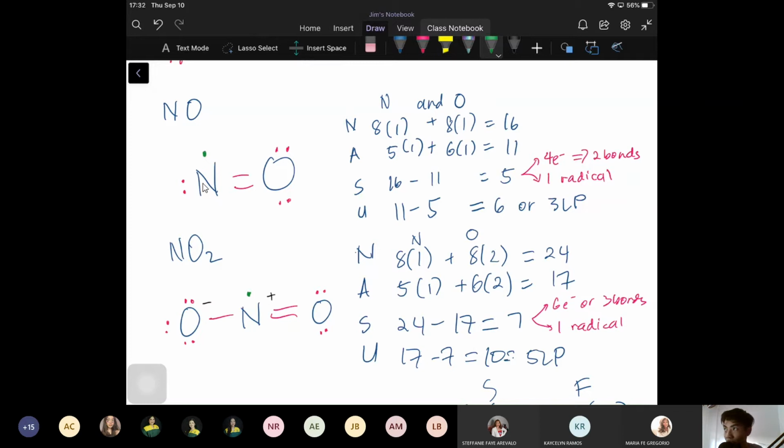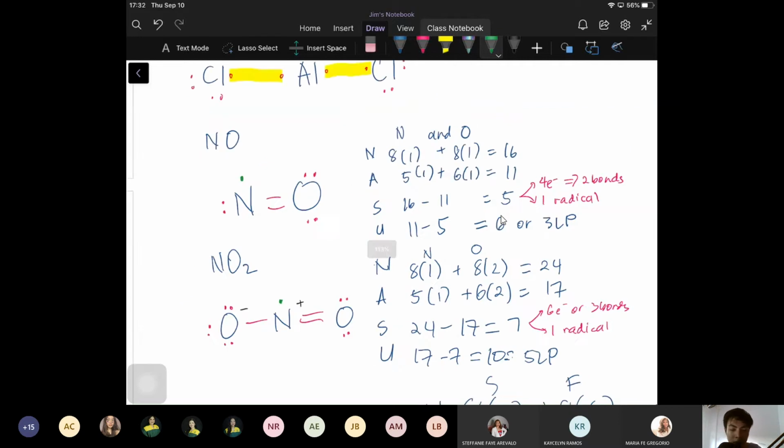Lagay mo muna yung lone pairs, then saka mo ilagay yung radical sa nitrogen atom. Wala na tayong ibang way to draw that structure. Basta kapag odd number yan, tapos may nitrogen yan, that means you have a radical. You can still follow the NASO rule.